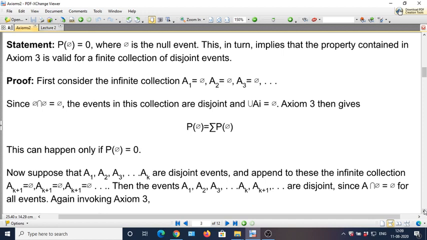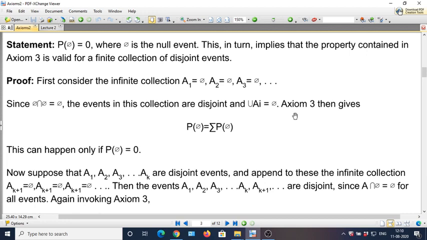Then we know that psi intersection psi is psi, that is, the intersection of two disjoint events is also a disjoint event. So we have a collection of null sets or impossible events which are all disjoint. So the union of Ai will again turn out to be psi.